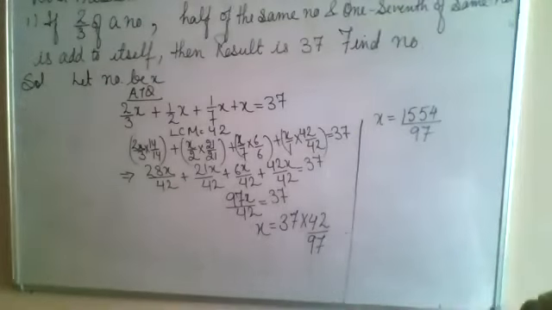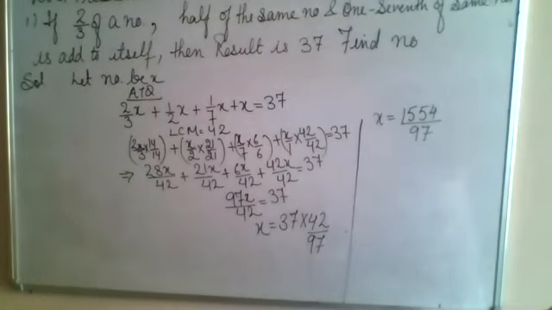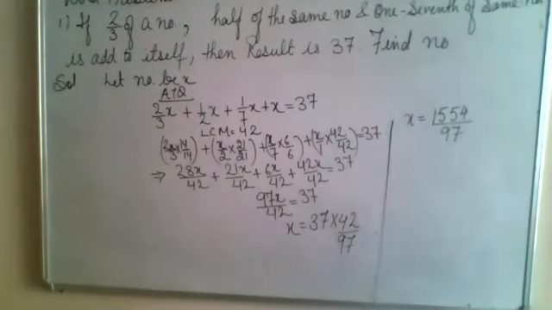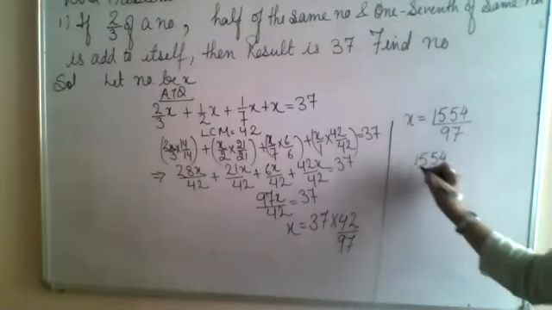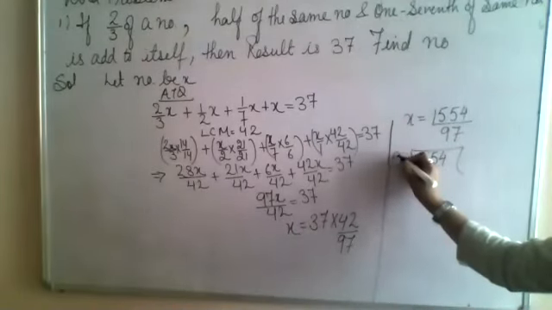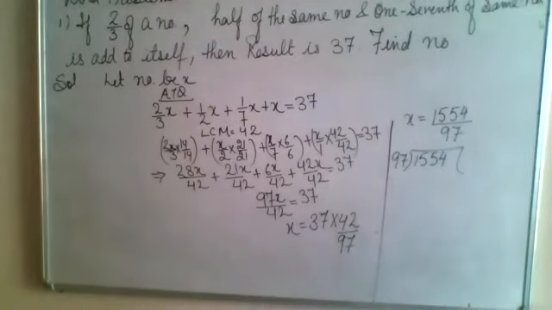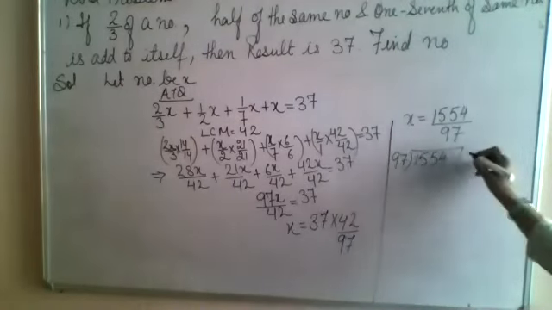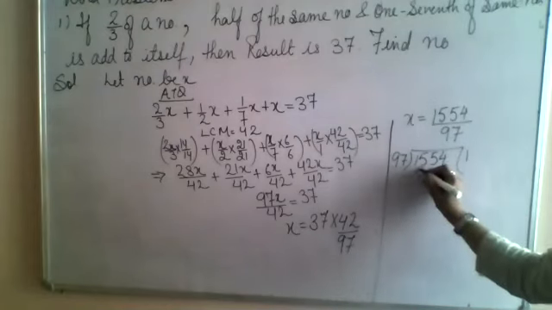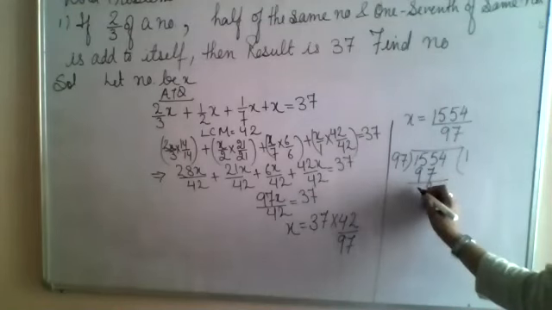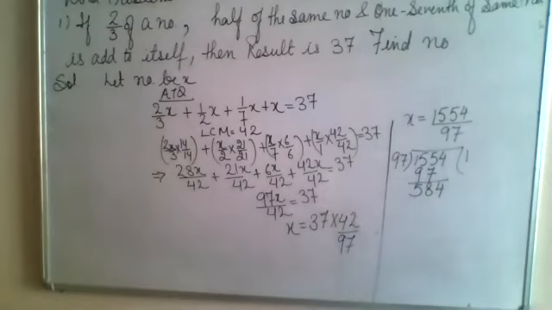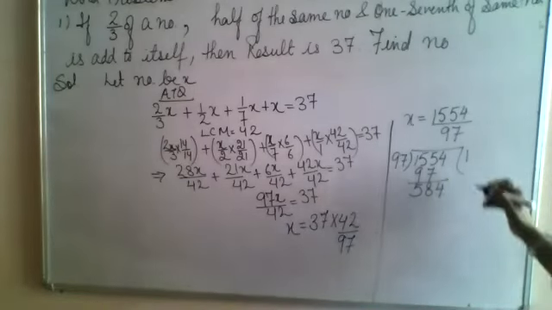So you will do calculation. 1554 divide by 97. 97, one is the 97. It will be 4 and 5, 584.